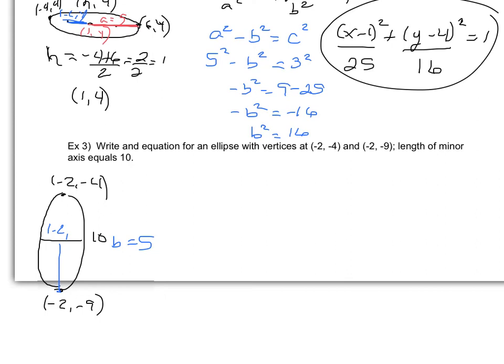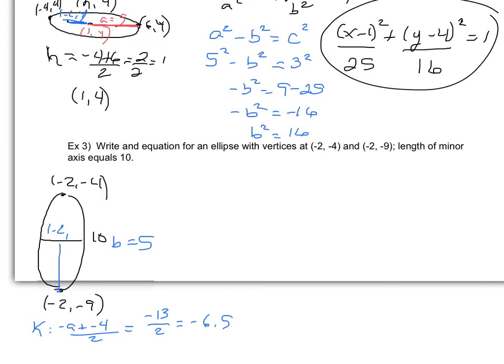So my y value, my k value, is going to be the midpoint. So again, I add these two together. -9 plus -4, divide by 2. That gives me -13 over 2, or I could say -6.5. Okay, so that's going to be my y value.